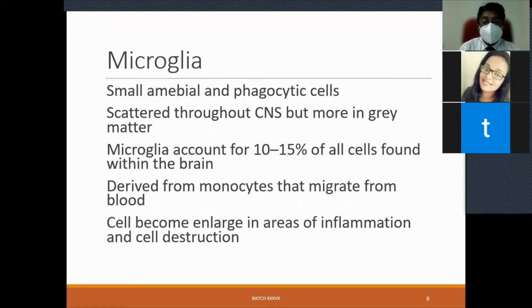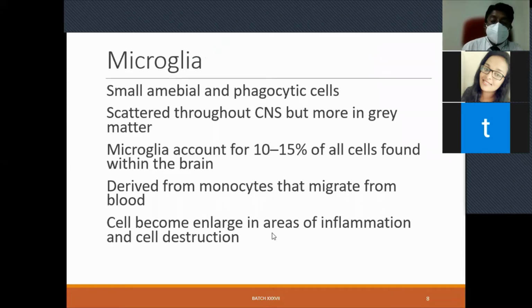You must know that monocytes are a kind of cell found in the blood. Those cells help to protect the body from microorganisms. So those monocytes migrate to the brain, and they convert to microglia.